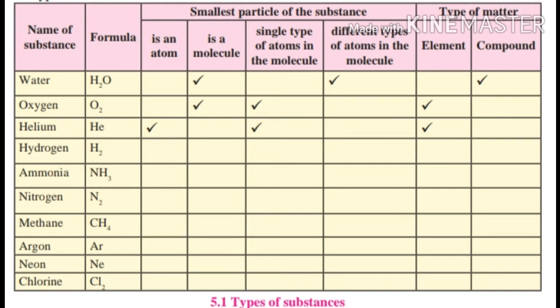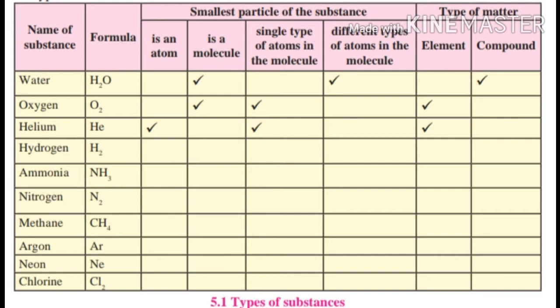Yes, put tick mark. See the formula again. Here different types of atoms are there, that is hydrogen and oxygen. Then next, is it an element? No, put dash. And compound, put tick mark, because 2 types of elements, that is hydrogen and oxygen, combined and they form compound water.